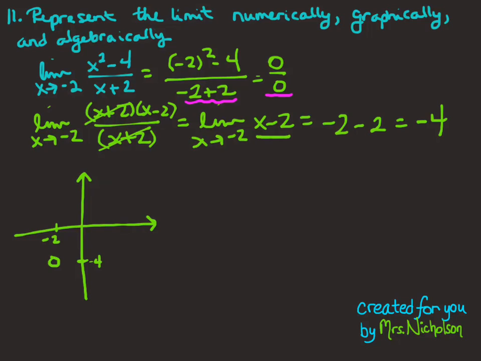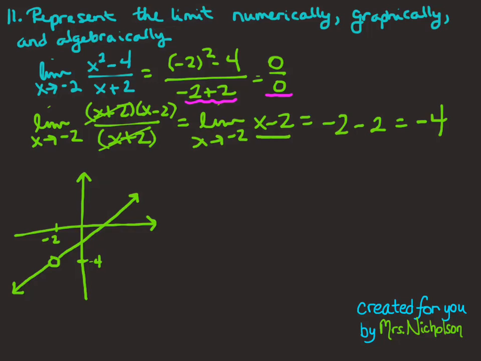That's what my graph is going to look like: just a linear function with a slope of 1 and a y-intercept of negative 2. So it's going to look something like that. But when you draw your graph, you need to be sure that there's a hole, and that I can see that the hole is at negative 4, so that I can see that the limit as x approaches negative 2 is actually equal to negative 4.